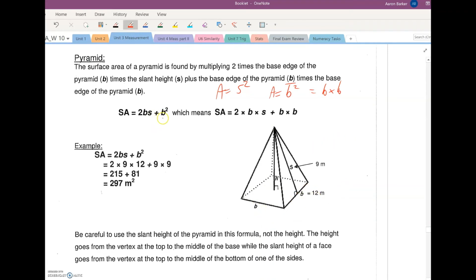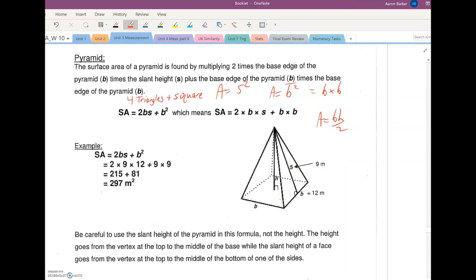So the formula is going to be your triangles plus your square. For this one, it's a square base, so there are going to be 4 equal triangles. Now we can get fancy. Typically a triangle is base times height divided by 2. But we have to be careful because there's the height of the pyramid and the height of the triangle, which they call S, the slant height.